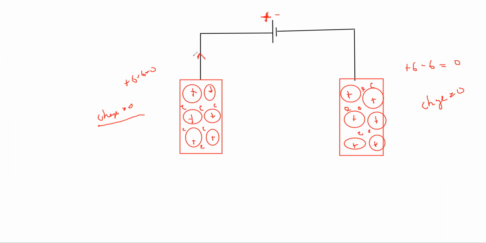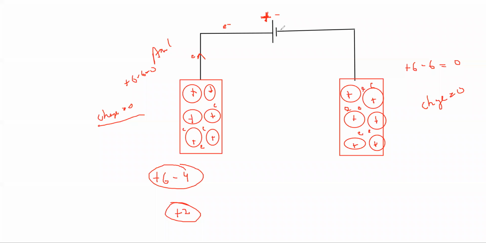For example, originally there were 6 electrons, but out of 6 electrons, now I am left with only 4. So what is the overall charge now? It is plus 6 and minus 4. So what is the overall or net charge? The overall or net charge will be plus 2. So because the electrons are removed from the anode by the positive terminal of the battery, and unlike charges attract each other, the overall charge on the anode will become positive.